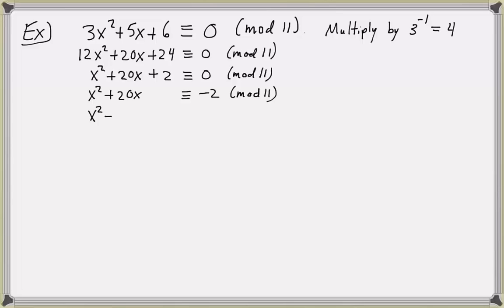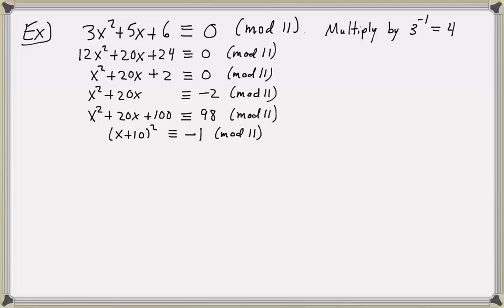So by adding 100 to both sides, I obtain this congruence. So I've completed the square. The left-hand side now factors as x plus 10, the quantity squared, and this is congruent to 98, which is 1 less than a multiple of 11. So I'm going to rewrite that as negative 1 mod 11.